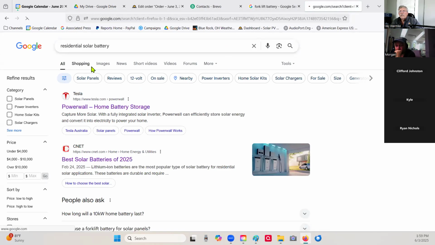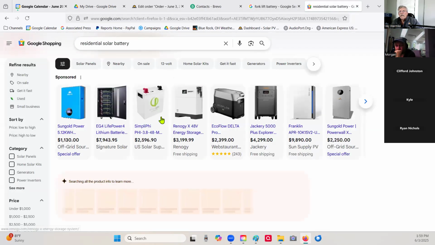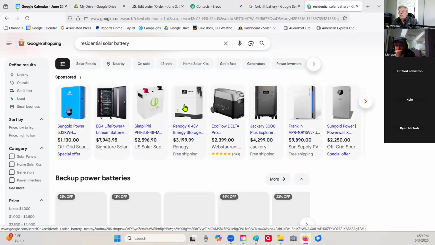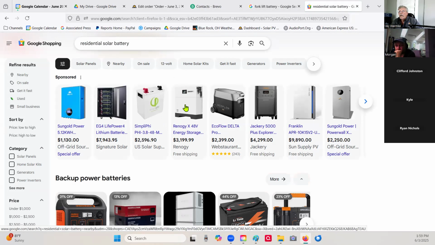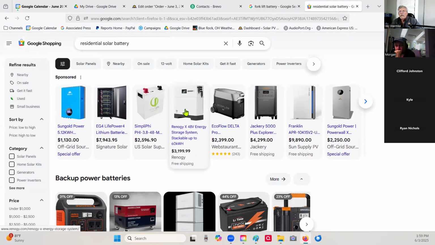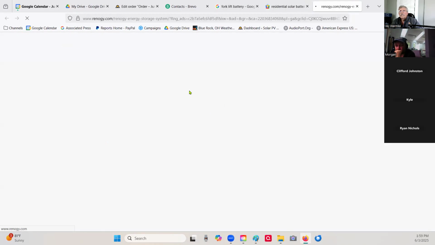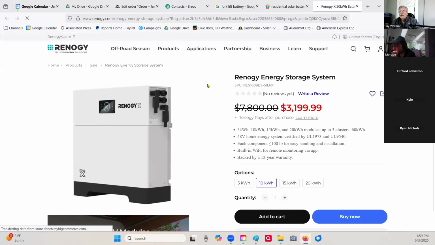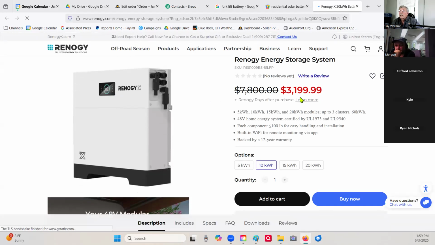If I go into shopping here, let's see, like Renogy. Yeah, we'll pick that. Why not? All right. Notice it's a 48 volt system. When it first comes up, here we are. It's on sale. It was $7,800, but this thing's $3,100 for a 10 kW system.